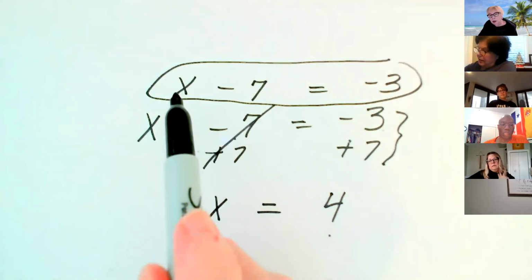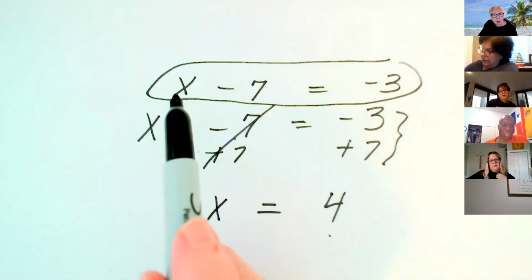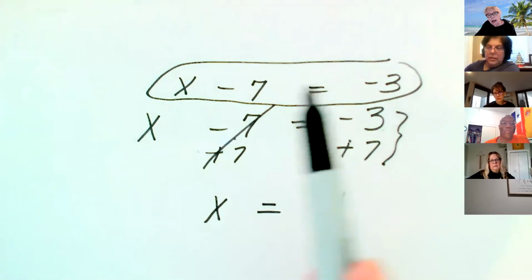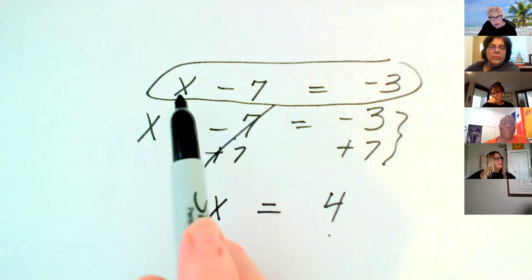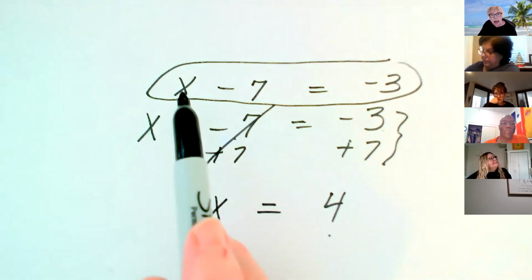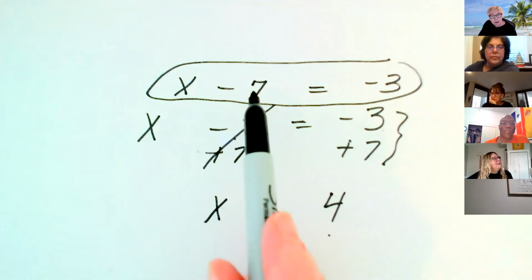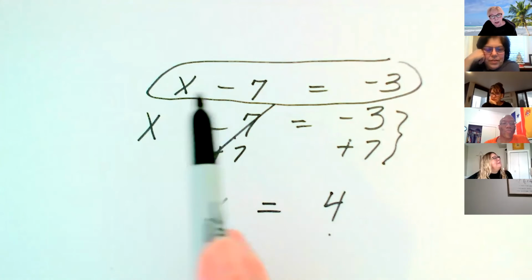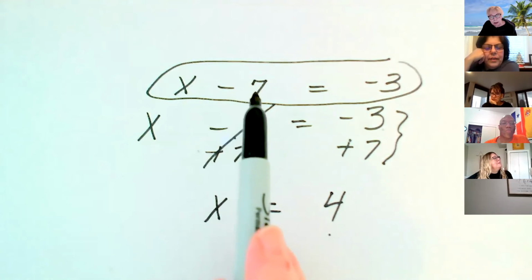The first time you look at a problem, you scan it through, and then you say, where are the x's, or where are the letters? The letters are over here on the left. Once you figure that out, you want to keep the x and get rid of the subtract 7.